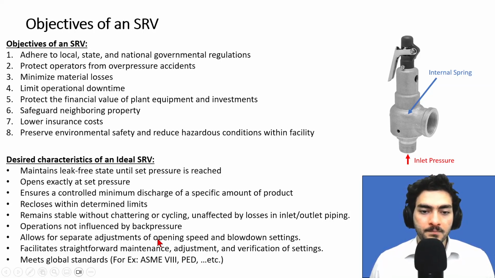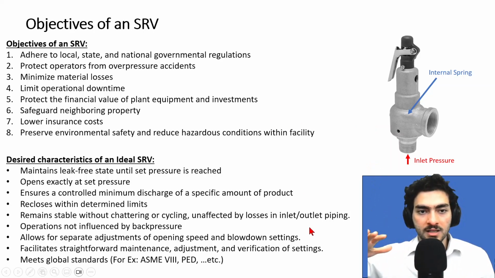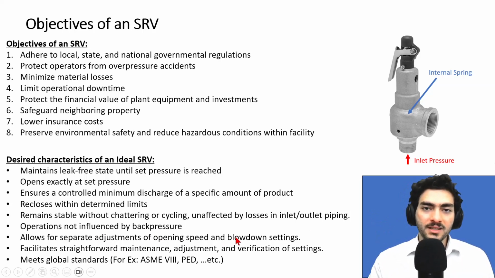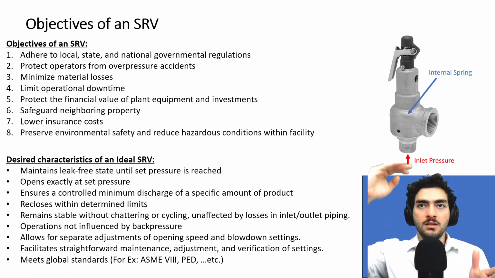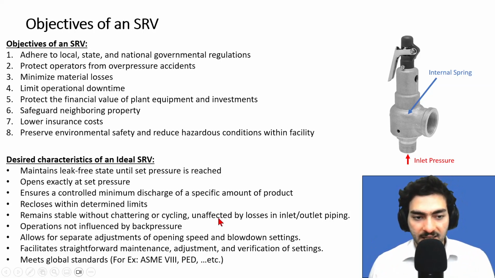As you adjust the valve parameters so that the opening speed of the valve is faster, you'll find that the closing pressure is then lowered. So ideally, you want the valve to open very quickly, and once the pressure inside the vessel goes below the set pressure, you want the valve to immediately close, but that's not the case.